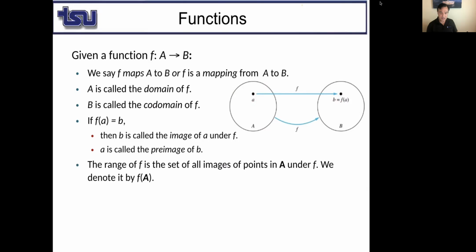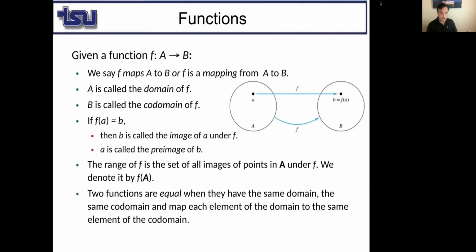And the range of f is the set of all images of points under f. So that's going to be a subset of the codomain. For all images of A, it maps to a subset of B. That's the range of f. And two functions are equal when they have the same domain, the same codomain, and the same mapping. So each element of the domain will be mapped exactly to the same element in the codomain.